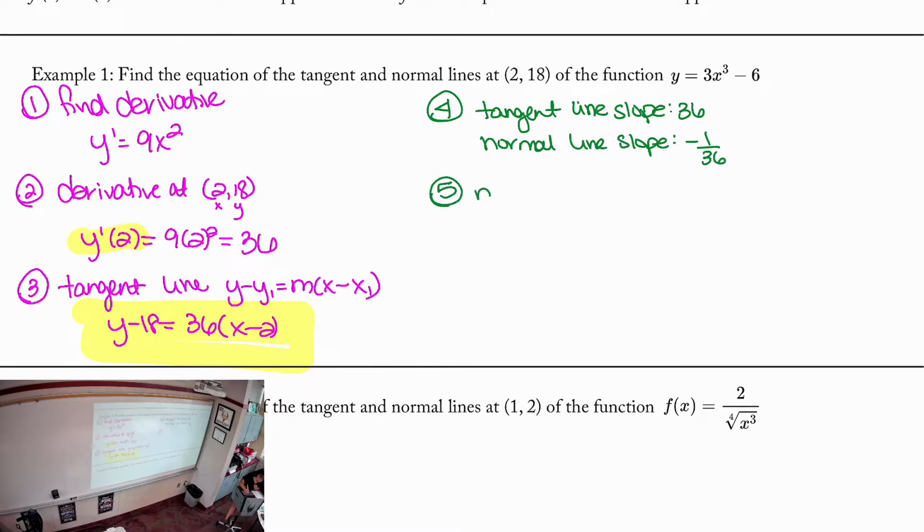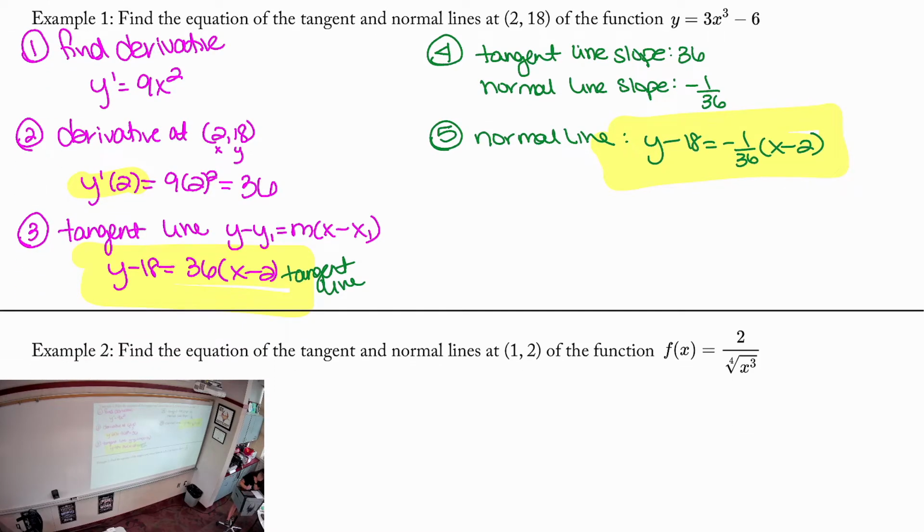So when I write the normal line, you probably should label it, tangent line. The normal line is y minus 2 is equal to negative 1 over 36 times x minus, oh wait, just kidding, y minus 18, x minus 2. I know.